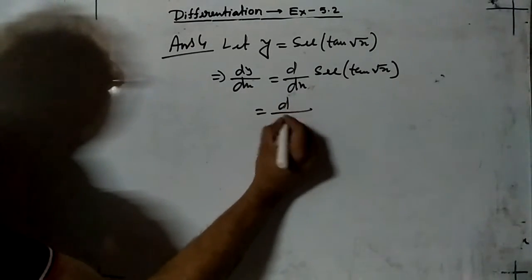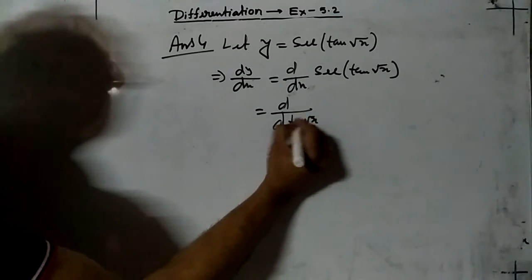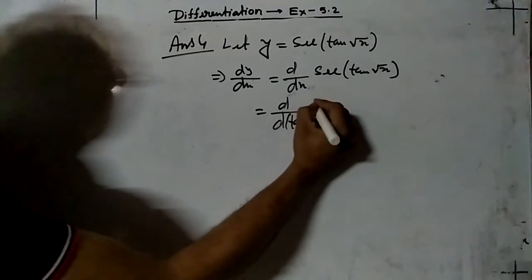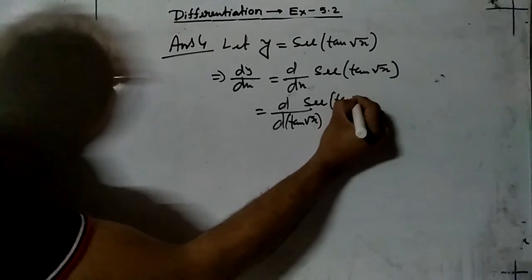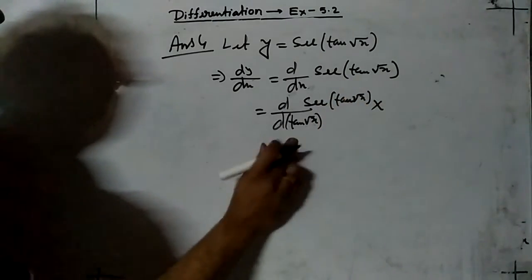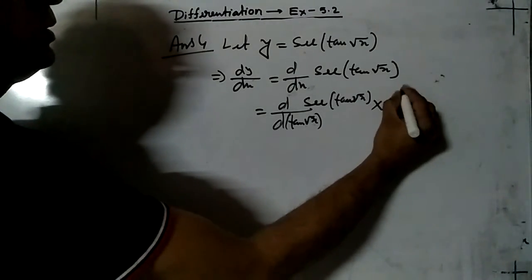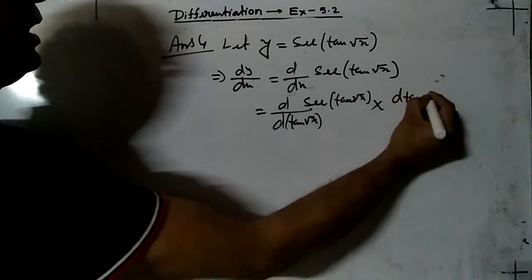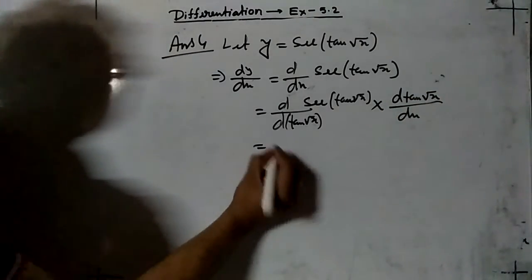So d upon d of tan root x, and since we divided by the extra, we also multiply: d of tan root x upon dx.